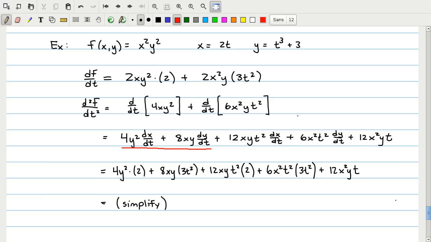Now here in this second term, I have three things. It's a product of three things: x squared, y, and t squared. So my product rule is going to give me three terms. The first term is the derivative of this term with respect to x, which is here, times dx/dt, plus the derivative of this term with respect to y, which is here, times, using the chain rule, dy/dt.